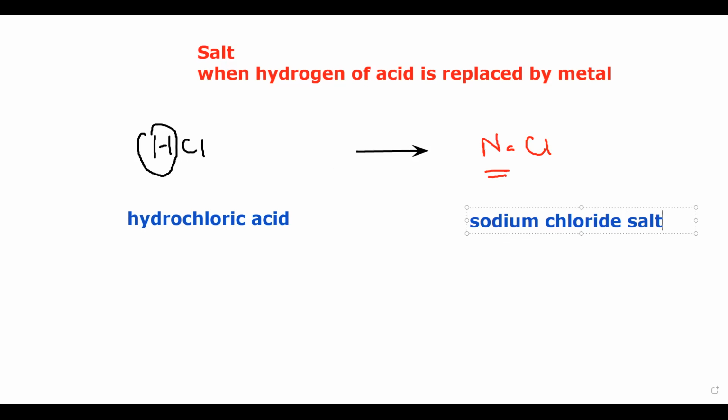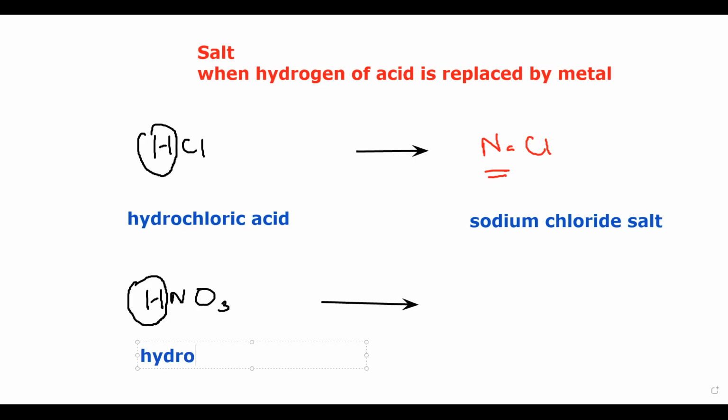Another example, HNO3, that is known as nitric acid. But if this hydrogen is replaced by a metal, for example calcium, which is group 2, the calcium valency will be +2 and nitrate is -1.